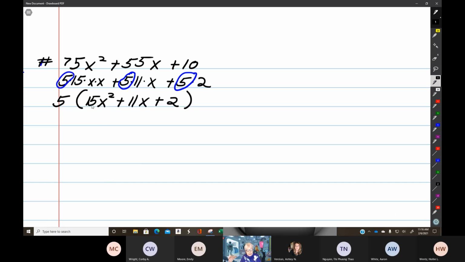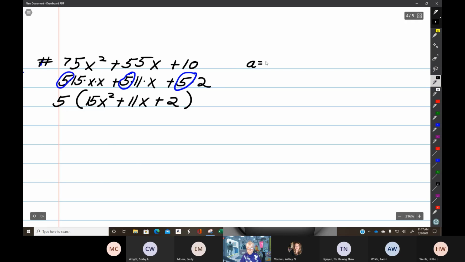All right, now this is a quadratic trinomial, 15x squared plus 11x plus 2. And because a is not 1, it's 15, this is what I'm going to have to factor by the AC method.